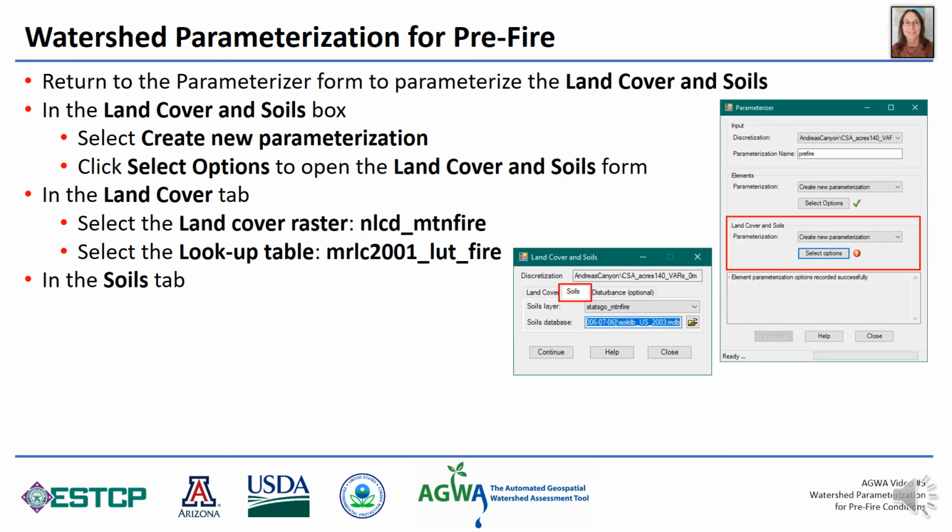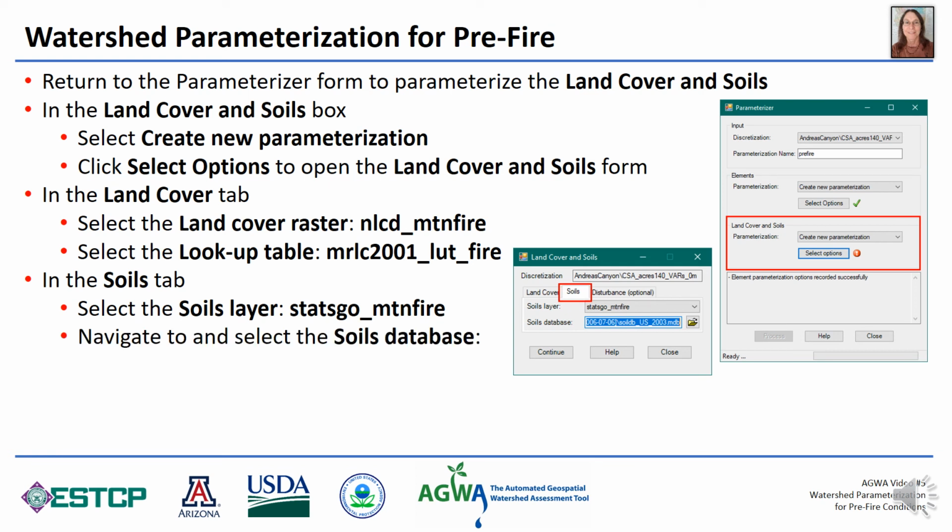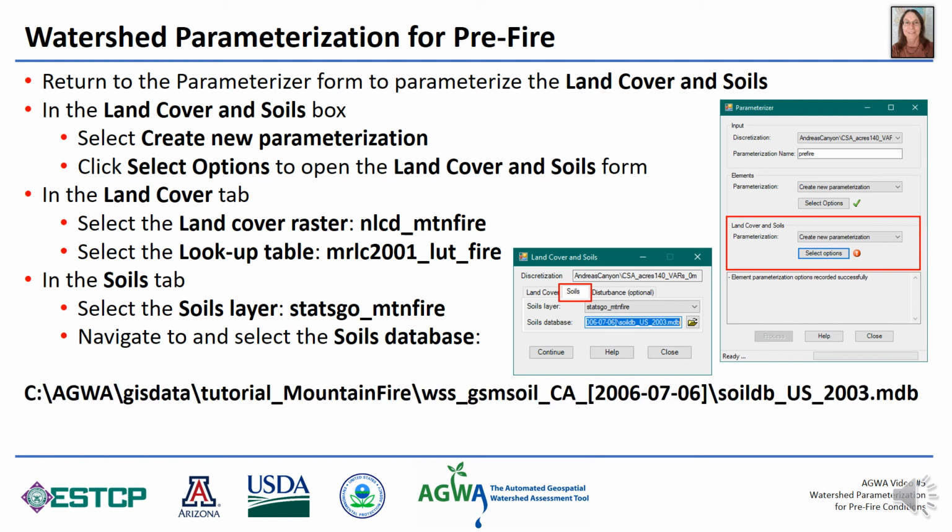In the Soils tab, select the Soils layer, STATSGO_MTN FIRE. Navigate to and select the Soils database that contains the tables of soil properties needed for the hydrologic models. This database should be in your GIS data folder under the Mountain Fire tutorial.